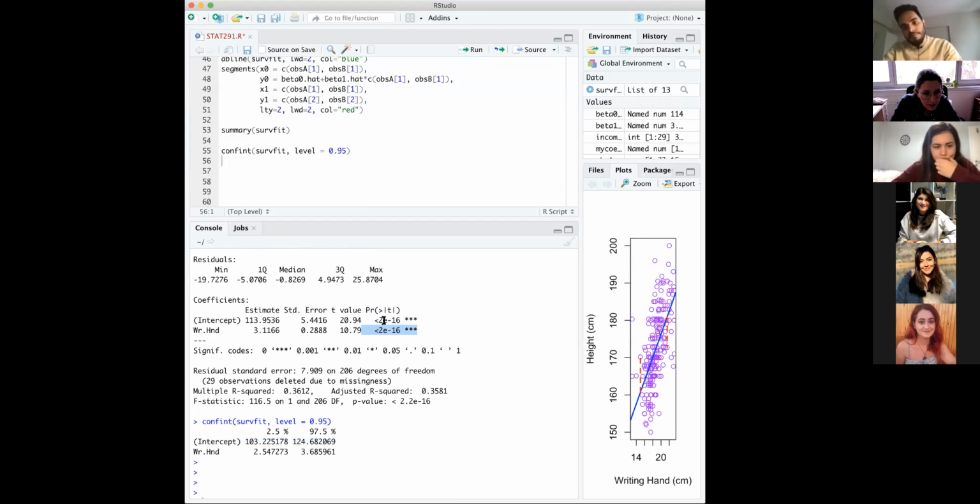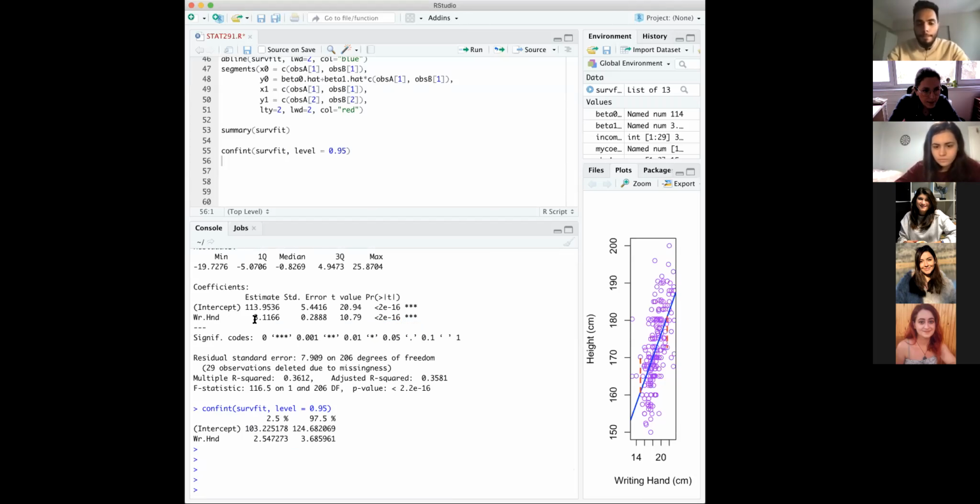E to the minus 16 is something like 0. It's very close to 0, okay? You can see that as 0. And so in here, you see that your estimation for your slope is 3.11 and your p-value is really small and you reject your null hypothesis, then you find that there's evidence an increase in hand span is associated with an increase in height, okay?